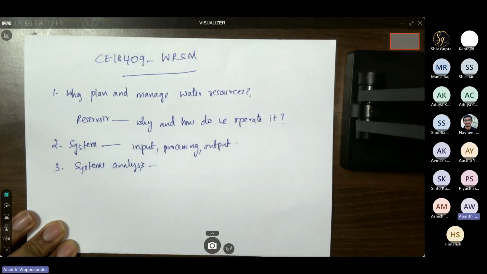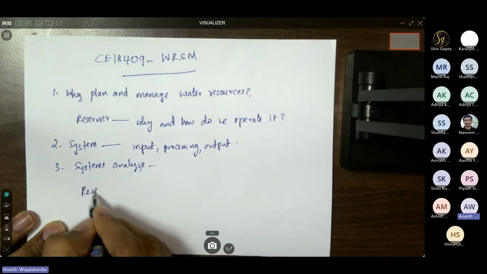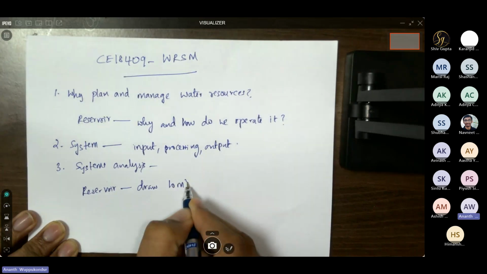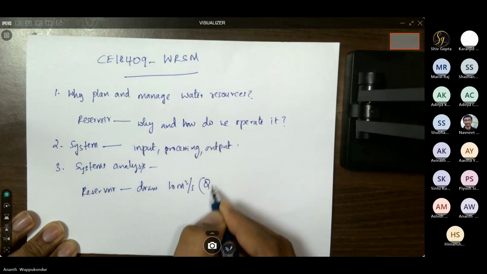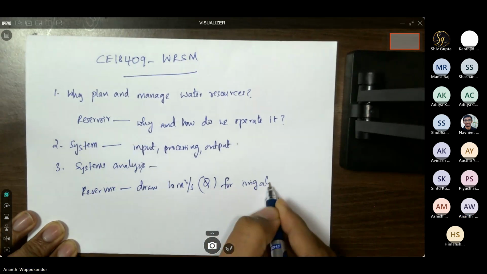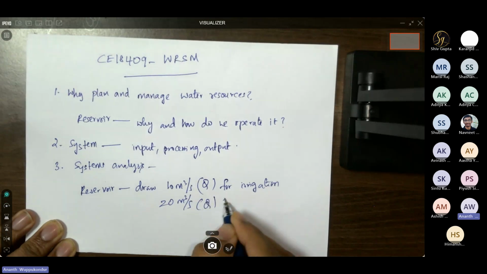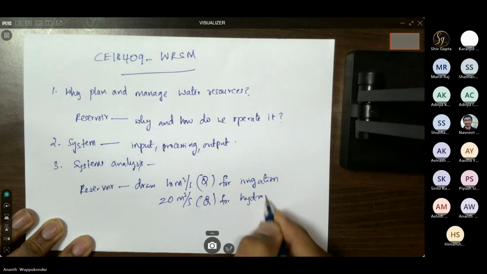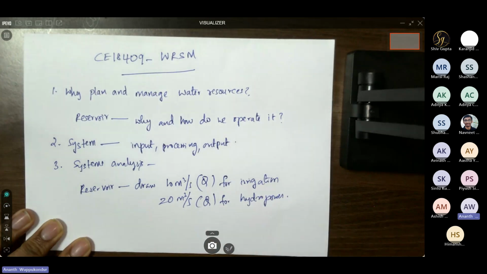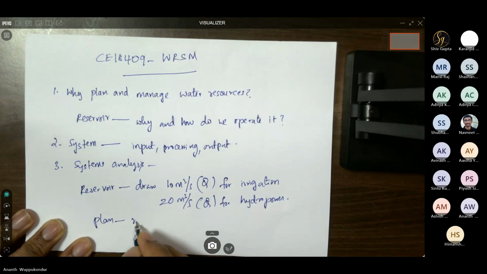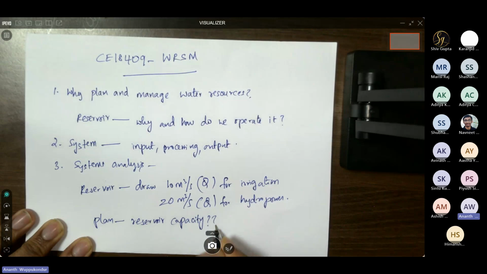For example, if I have a reservoir and I want to draw 10 meter cube per second of discharge for irrigation, and 20 meter cube per second of discharge for hydropower, then we need to come up with a plan for what the reservoir capacity should be.